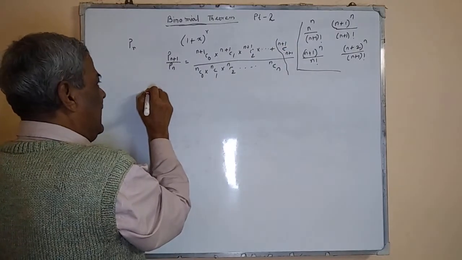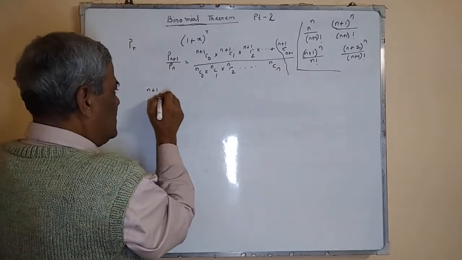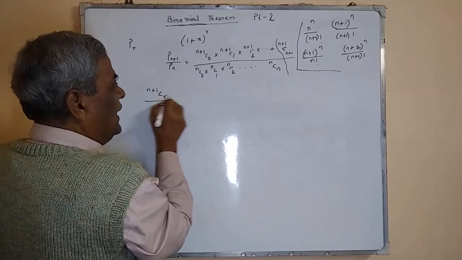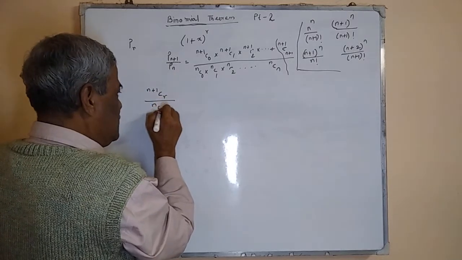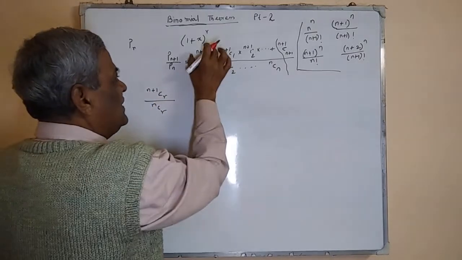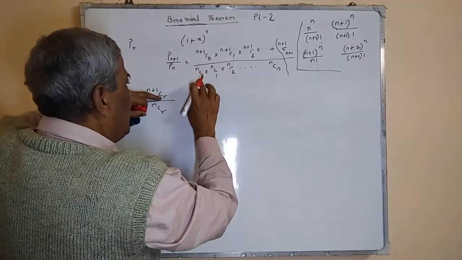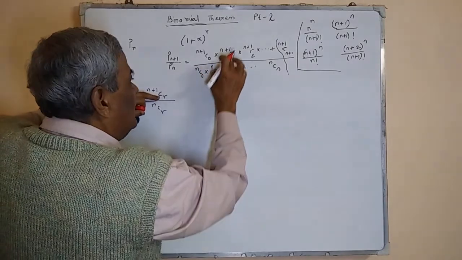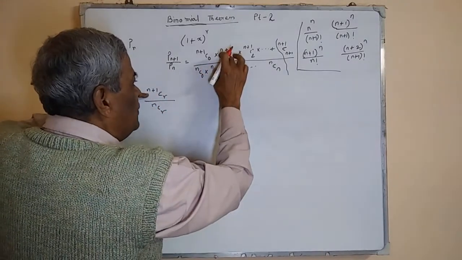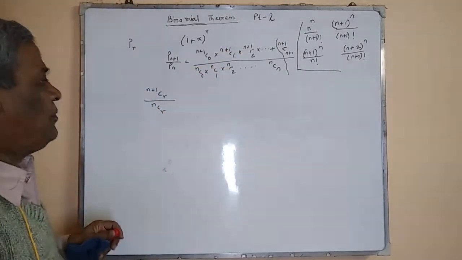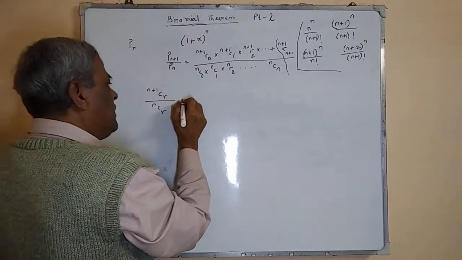The general term is (n+1)CR by nCR. This by that corresponds to R equal to 0. For R equal to 1, this by that is equal to this divided by that, and so on. So I simplify it.